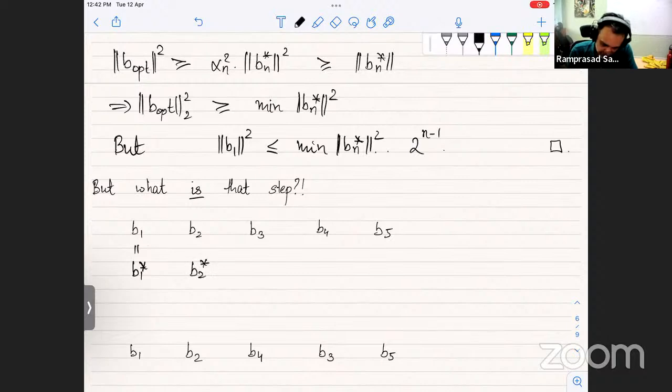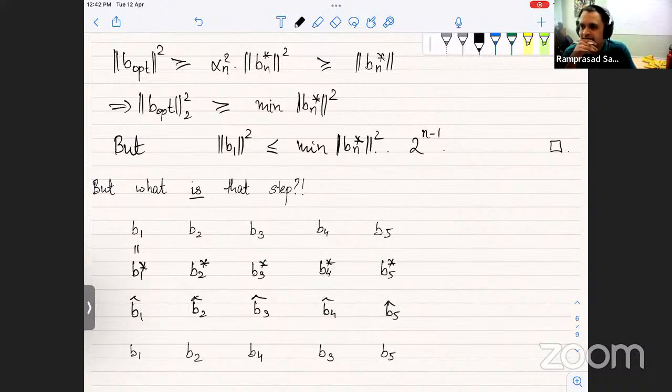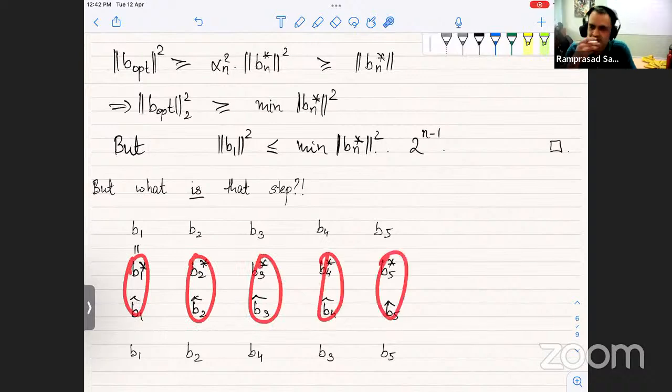Now I'll get some B2 star, B3 star, B4 star, and B5 star. And here I will get B1 hat, B2 hat, B3 hat, B4 hat, and B5 hat. And I would like to know, which of these things are actually equal?